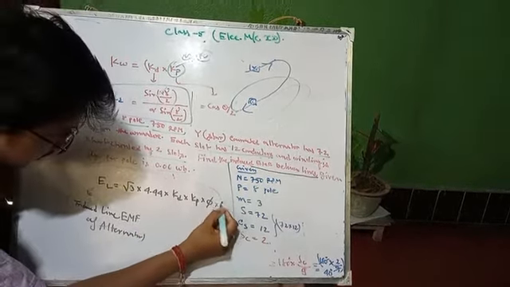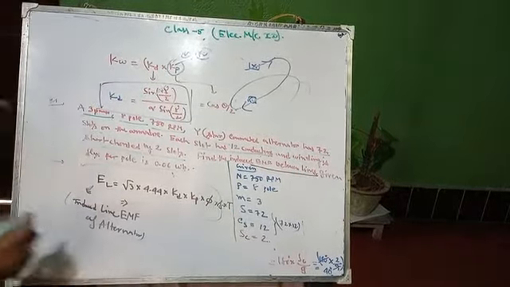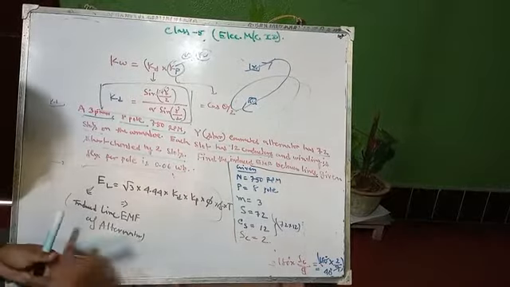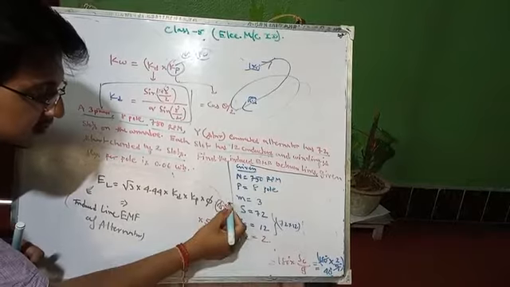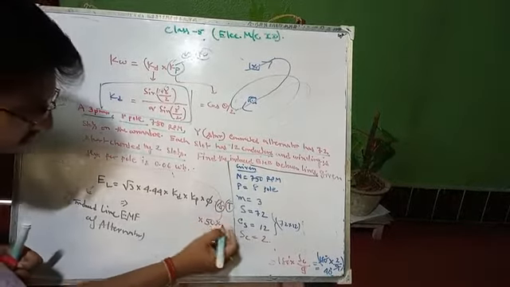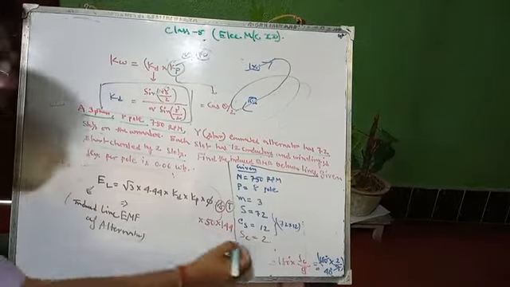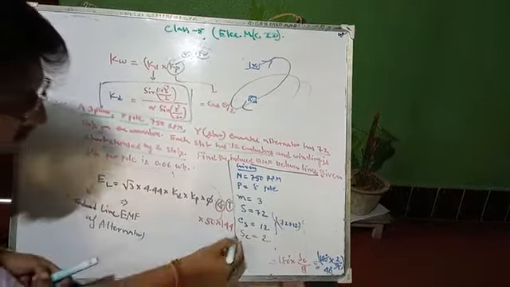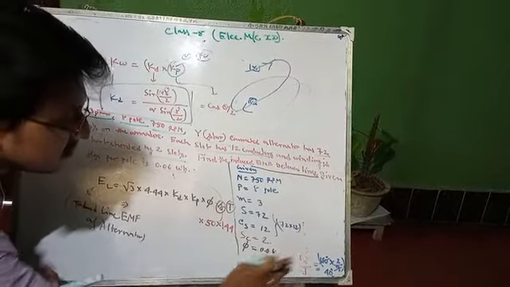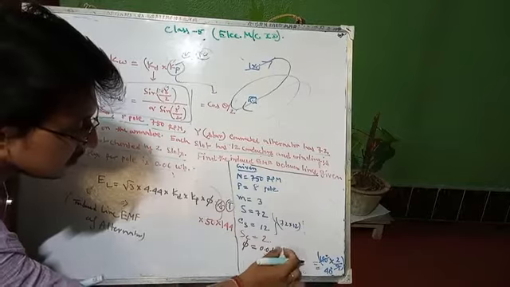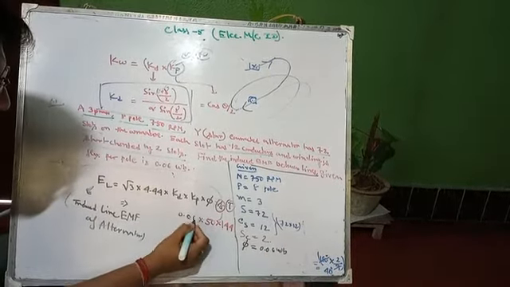Phi into F into T. From the first step we get F equals 50, so I can write 50 into, and in the third or fourth step we get T equals 144. Phi is given here: phi equals 0.06 Weber.